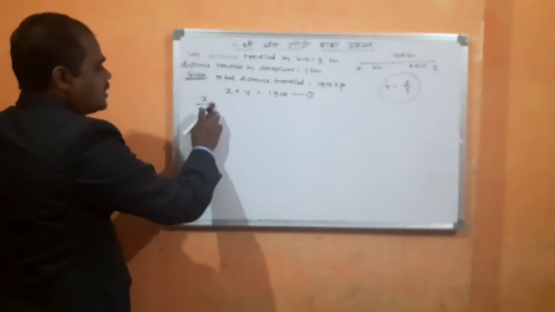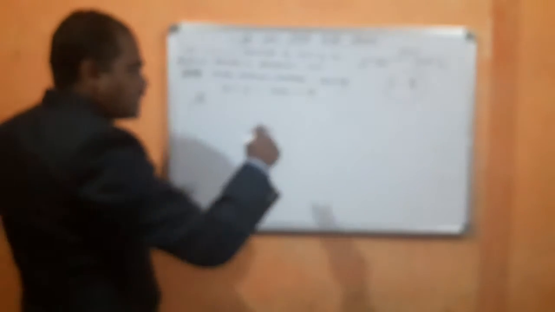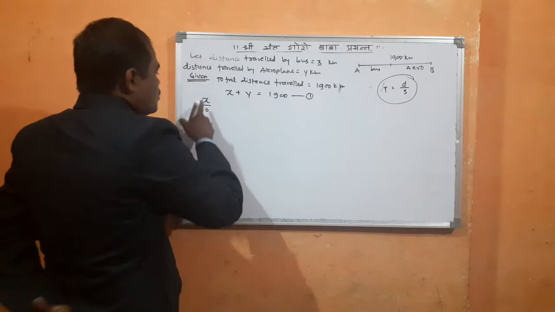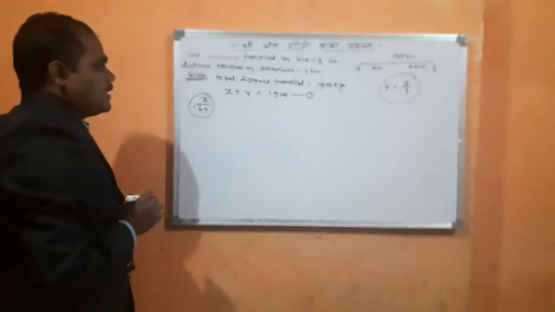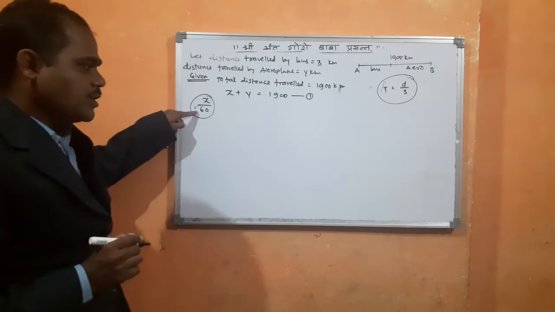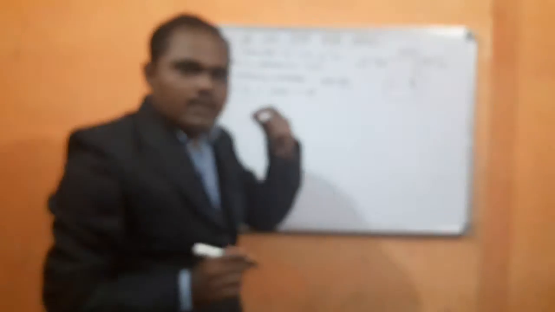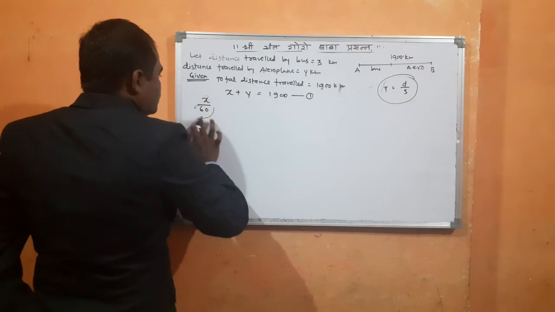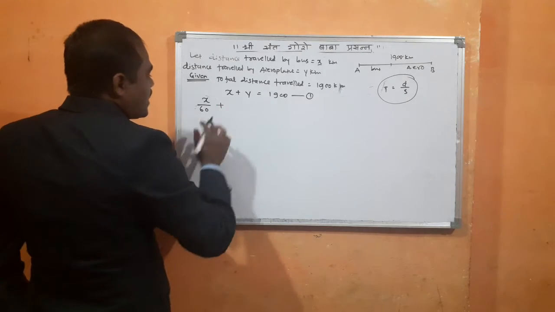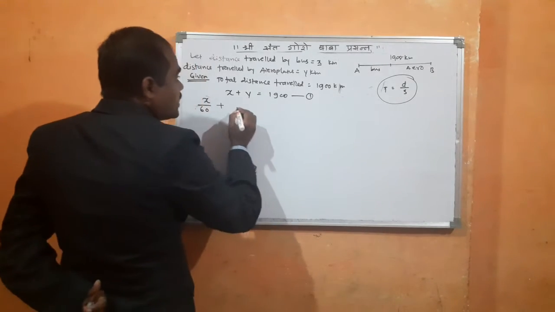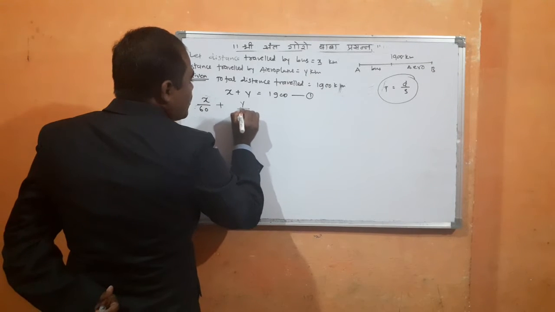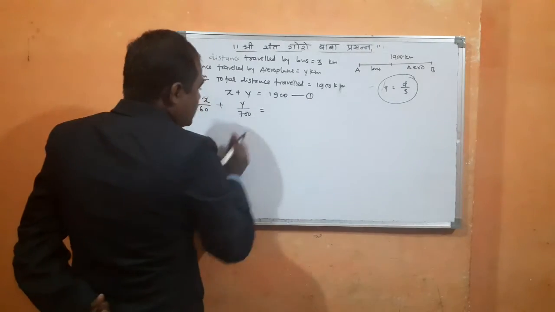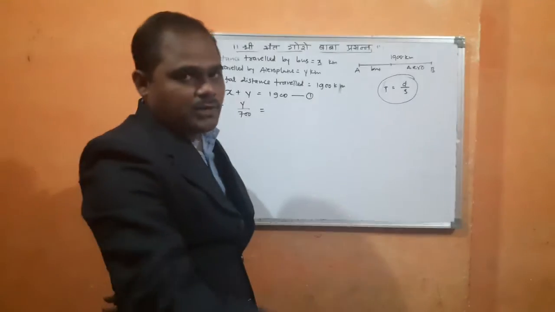So the time for the distance traveled by bus is x kilometer divided by speed of the bus, that is 60 km per hour. So this indicates distance upon speed, that means time taken by bus to travel a certain distance, plus time taken by aeroplane to travel a certain distance, that is y kilometer, is y upon 700 kilometer per hour, and the sum of these two times is equal to 5 hours.